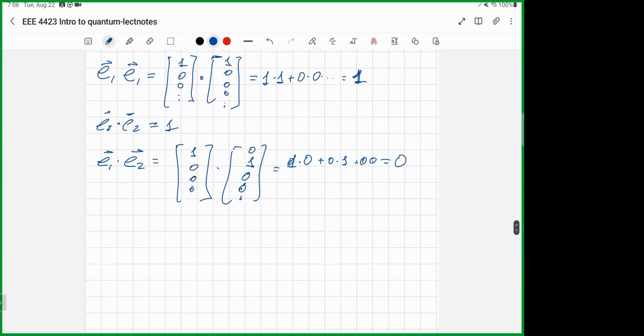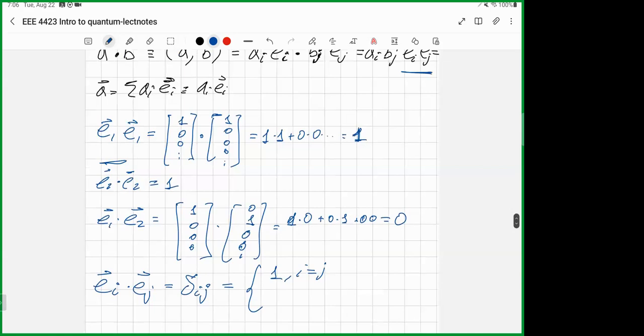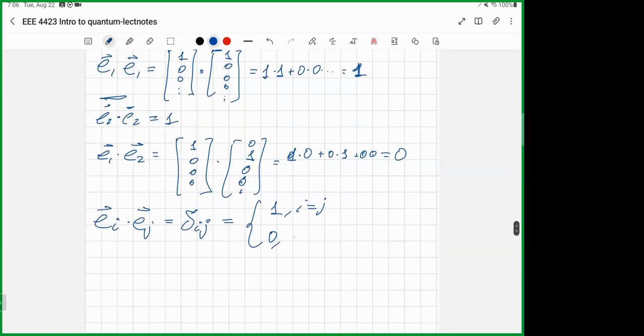So we conclude that if you take a product like e_i times e_j vectors, we will get the so-called Kronecker delta, delta_ij, which is equal to either 1 when i equals j, like here, or 0 when i is not equal to j.